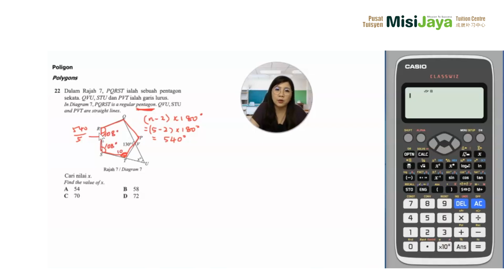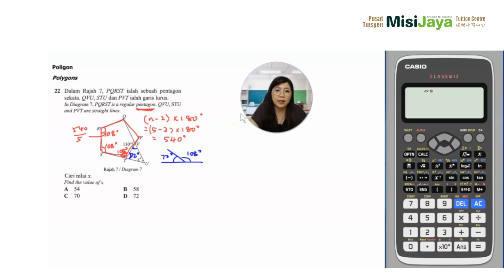In order to find the adjacent angle here, I use 180 because angles on a straight line add up to 180. So if this is 108, to find the adjacent angle I use 180 minus 108, which is 72. So this is 72 degrees.